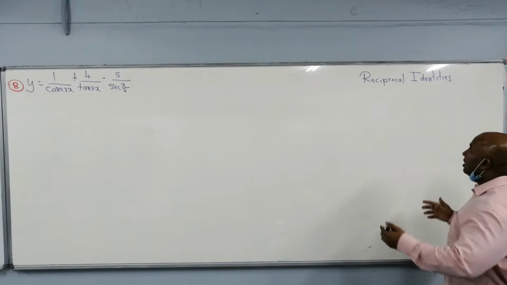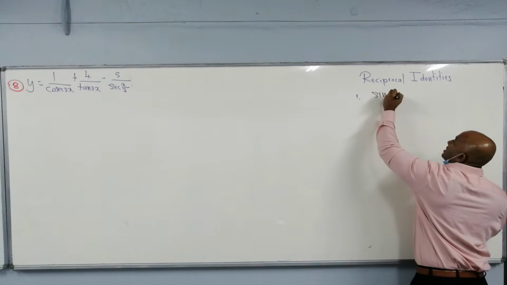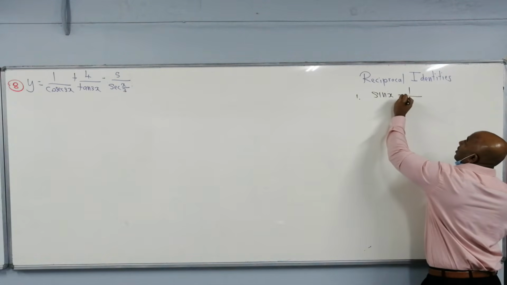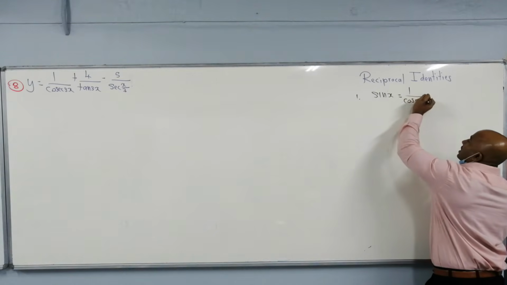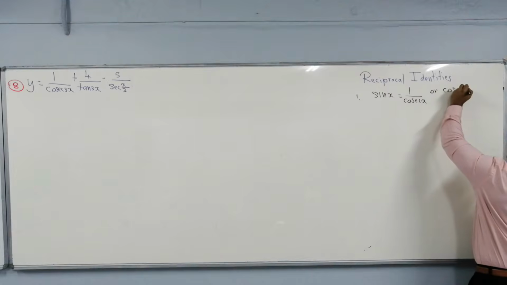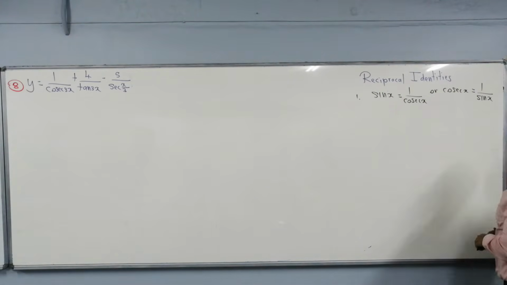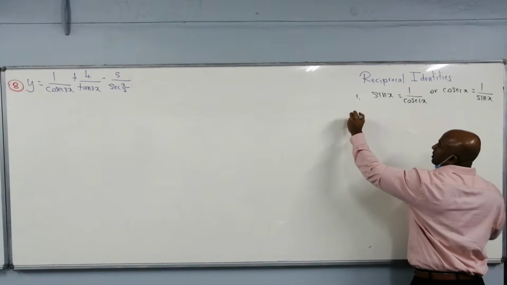We need to know that sine x can be written as 1 over cosec x, or cosec x can be written as 1 over sine. What else?